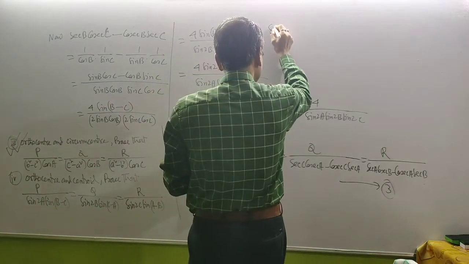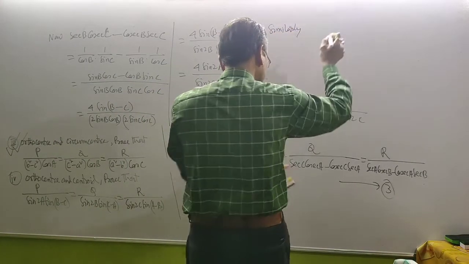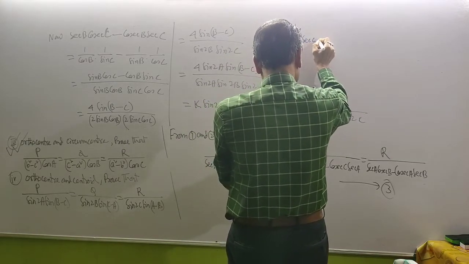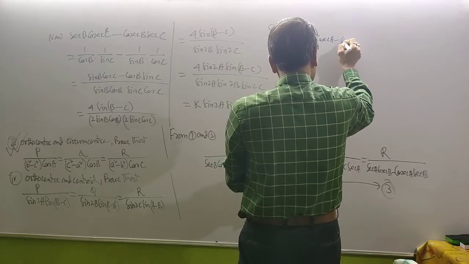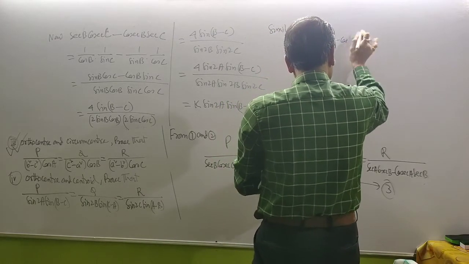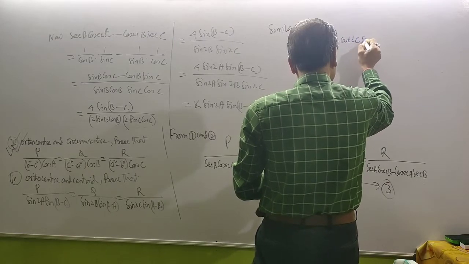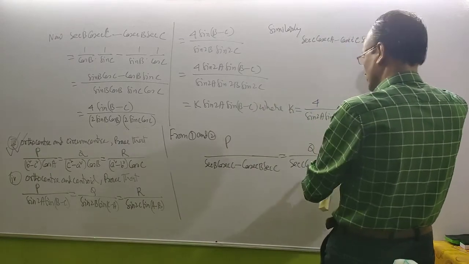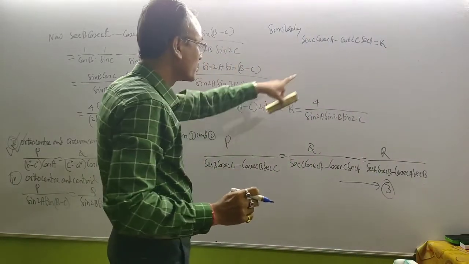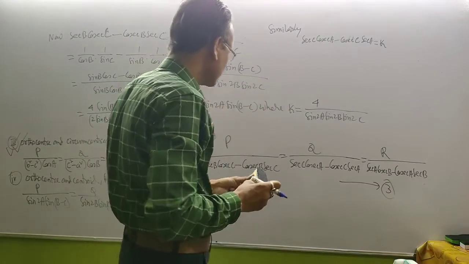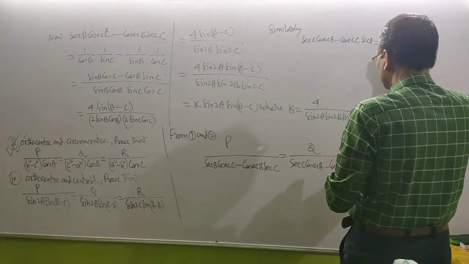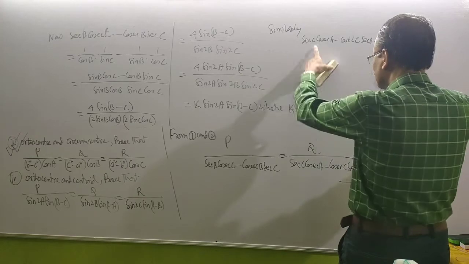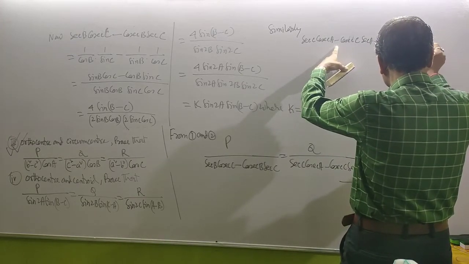Similarly, this one, sec C cosec A minus cosec C sec A should be equal to K into, there is no B, therefore we have got sin 2B, and sin(C minus A).